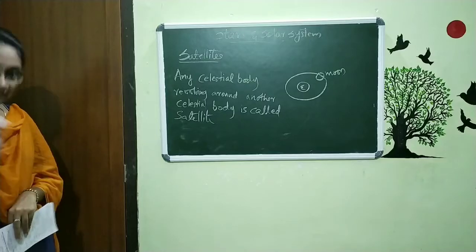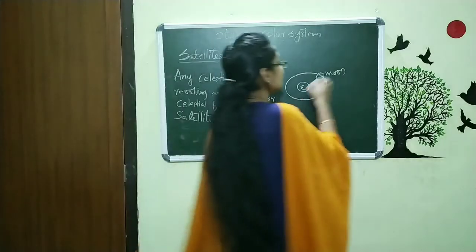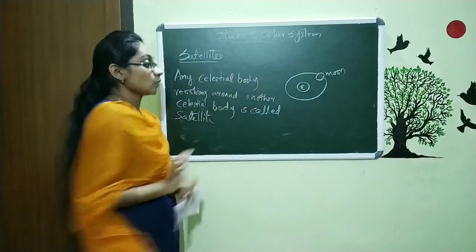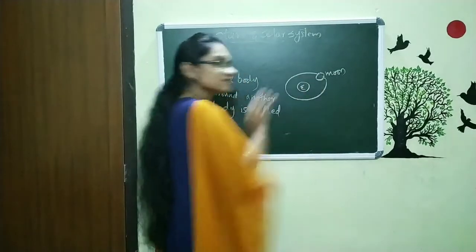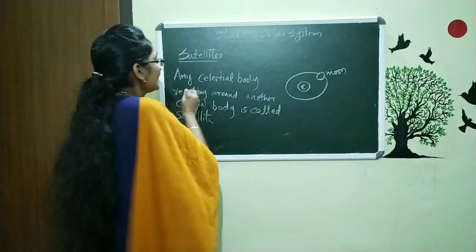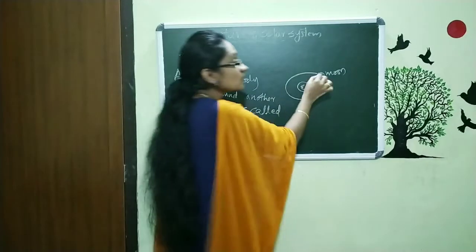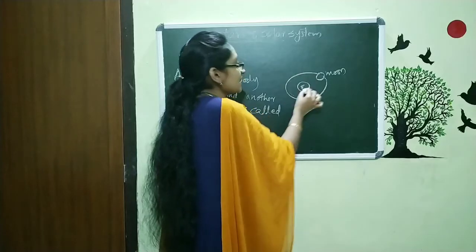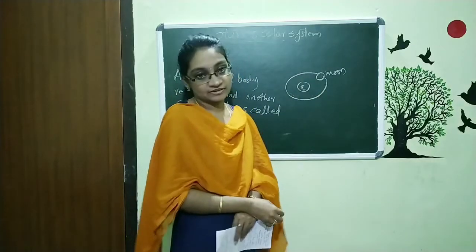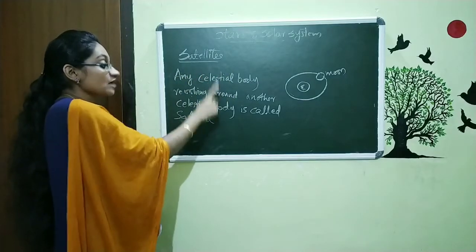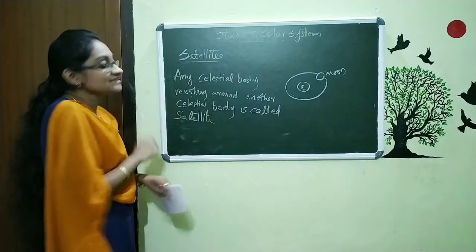So, considering this Earth and Moon, the Moon is one celestial body revolving around another celestial body, which is the Earth. So we can say any celestial body revolving around another celestial body is a satellite.